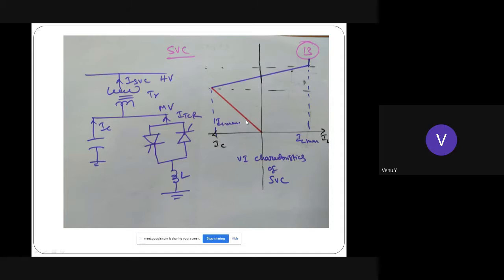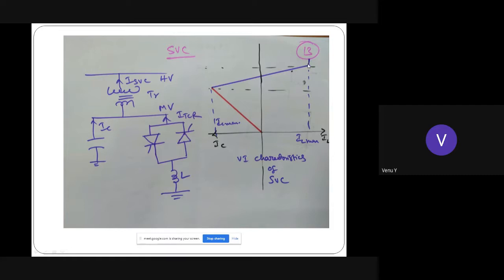Now, the second part is the VI characteristics of the SVC. On the x-axis, the positive side is inductive current I_L, the negative side is capacitive current I_C. The red color is the linear part of your VI characteristic, and the blue color is the operating part of the VI characteristic. You need to operate the system at plus or minus 10% voltage variation in the transmission network, so that is allowable.